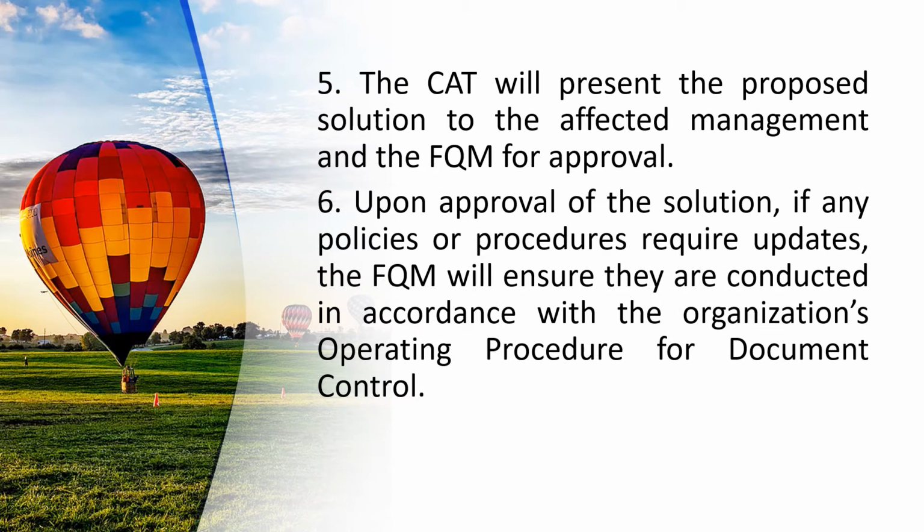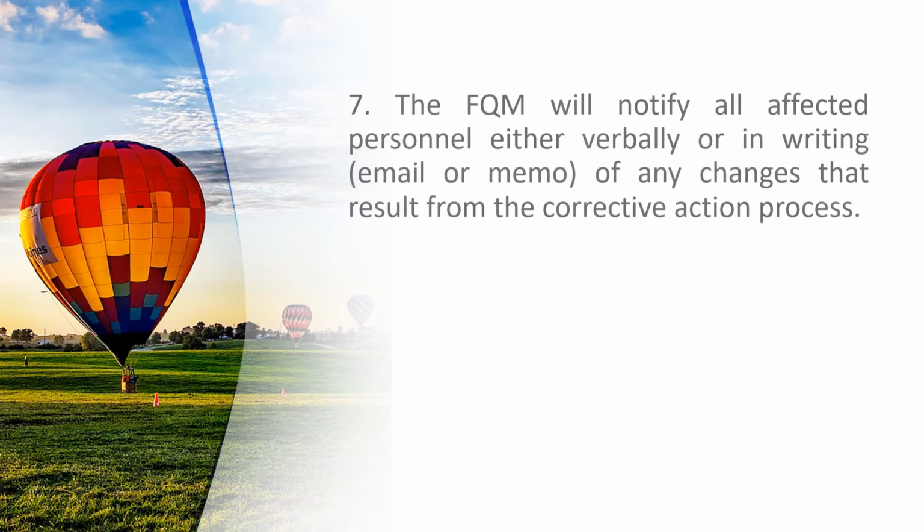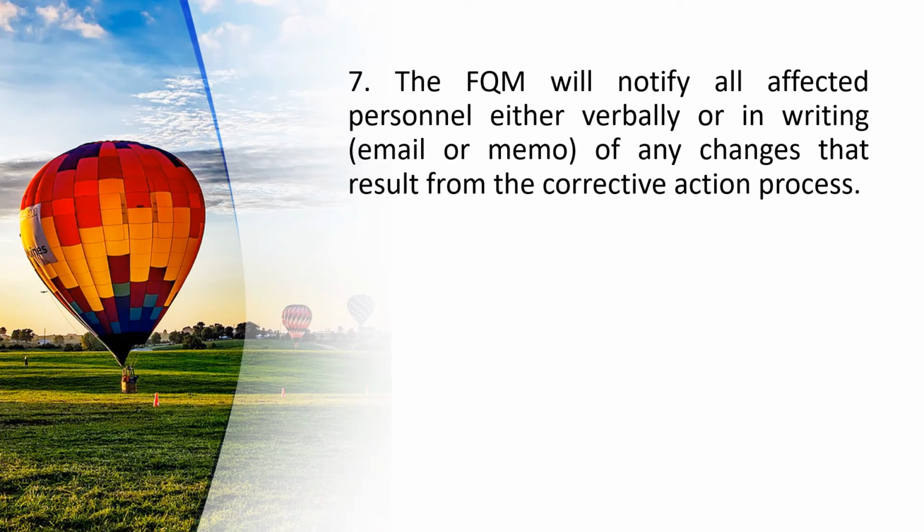Number 6, upon approval of the solution, if any policies or procedures require updates, the FQM will ensure they are conducted in accordance with the organization's operating procedure for document control. Number 7, the FQM will notify all affected personnel, either verbally or in writing, email or memo, of any changes that result from the corrective action process.